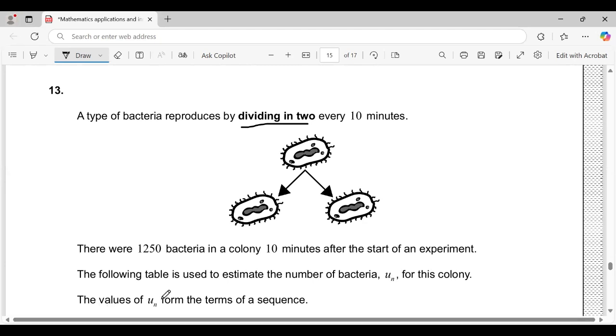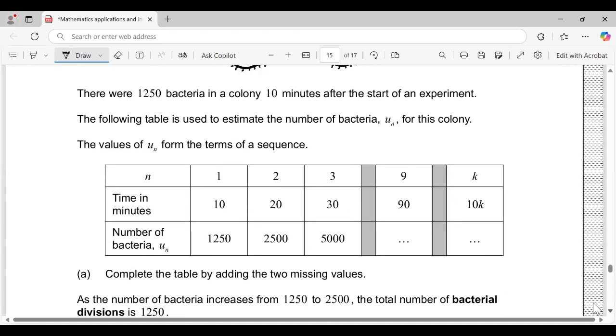The values of un form the terms of a sequence. Complete the table by adding the 2 missing values. So we need to find this number and this one as well.